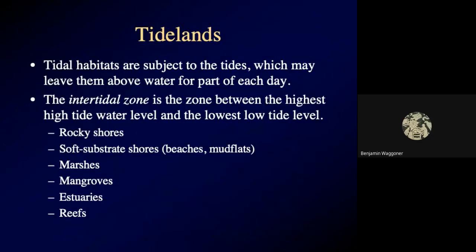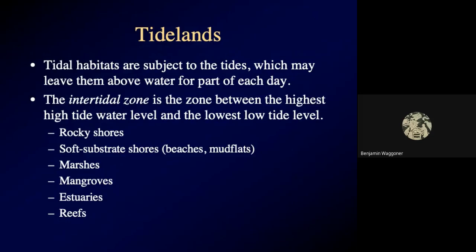So tidal habitats or tidelands are zones that are subjected to tidal activity. They may be above water for part of each day. At its extreme, there are parts of the intertidal zone that may only get splashed with seawater maybe a few minutes a day, maybe not even that much sometimes. On the other hand, there are areas that might always be underwater except at the very low tides of a spring tide season.